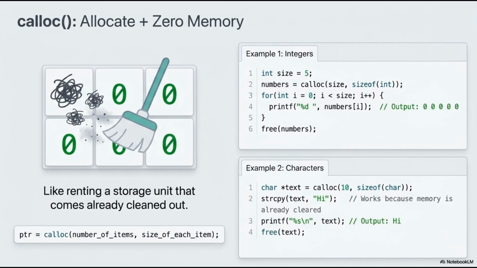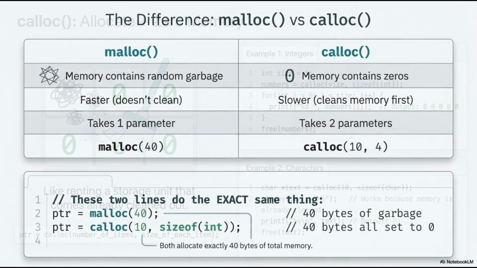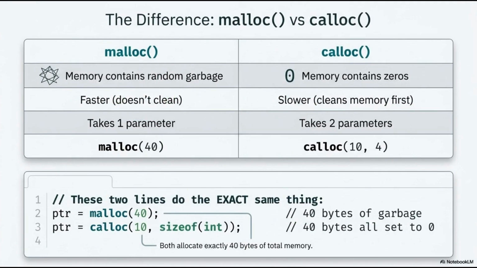Now, you might be wondering, how does this actually compare to its famous sibling, malloc? Let's strip this down to the bare bones. Malloc gives you memory super fast, but it just leaves whatever random garbage was already sitting in that memory from before. Calloc takes a tiny bit more time because it actively cleans the memory, filling the whole block with nice, clean zeros. There's also an exact syntactical difference in your code you'll want to remember.